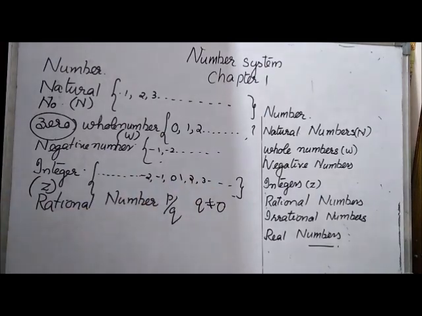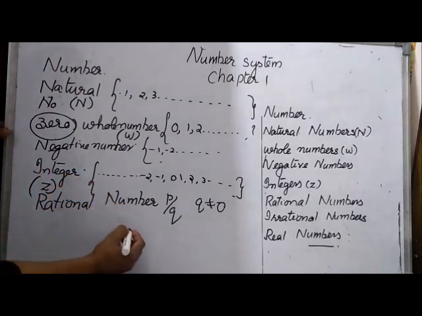If Q becomes 0, the division by 0 is not defined till now. So Q not equal to 0, then the number is known as rational number. So for example, 2 by 3, 4.